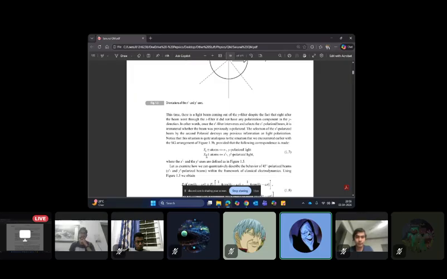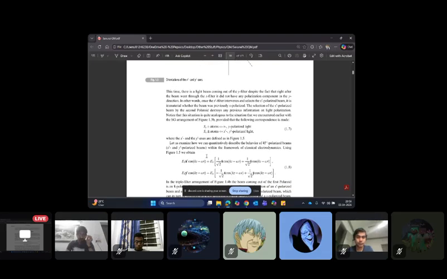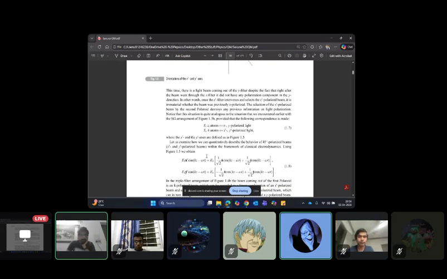Notice that this situation is quite analogous to the situation that we encountered earlier with the Gerlach arrangement of figure 1.3b, provided that the following correspondence is made. So we have z component plus or minus atoms, x, y polarized light, and the other ones, x direction plus or minus atoms, x prime and y prime polarized light, where the x prime and the y prime axes are defined as in figure 1.5.